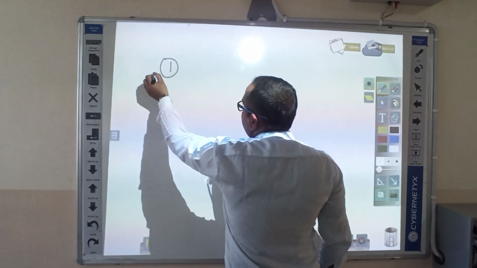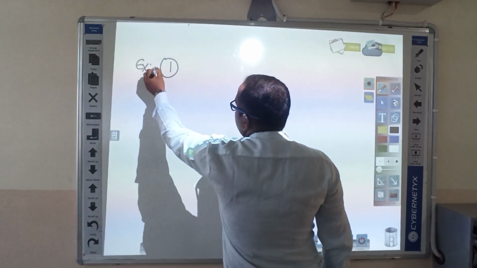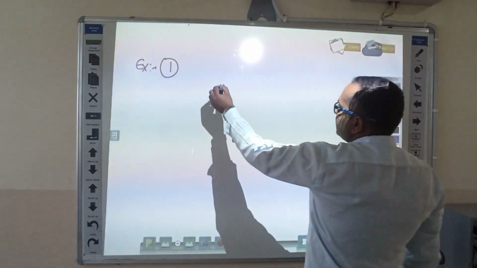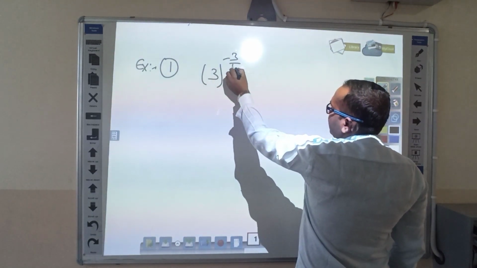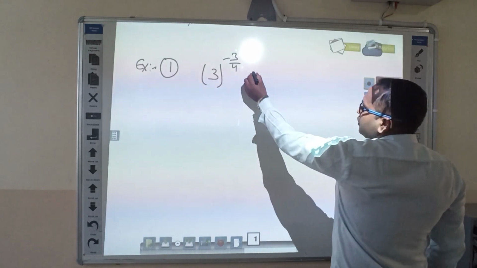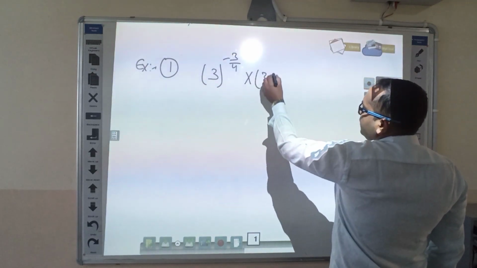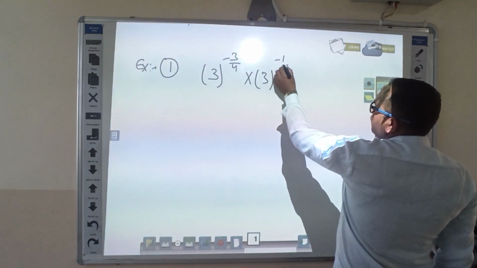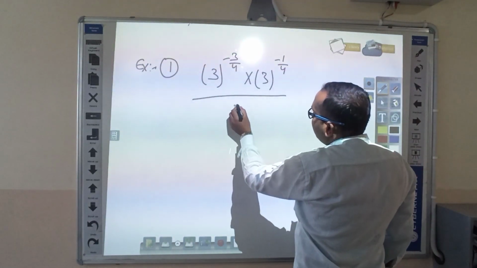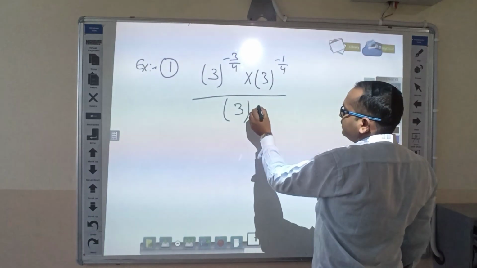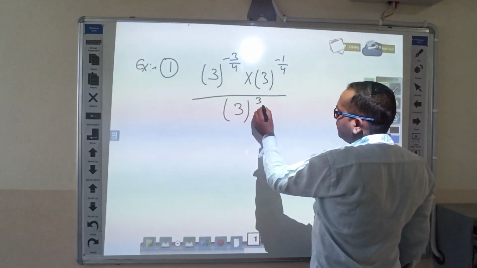One more example. If the question is 3 to the power minus 3 by 4 into 3 to the power minus 1 by 4, divided by 3 to the power 3 by 2.